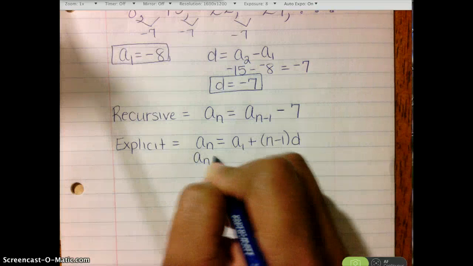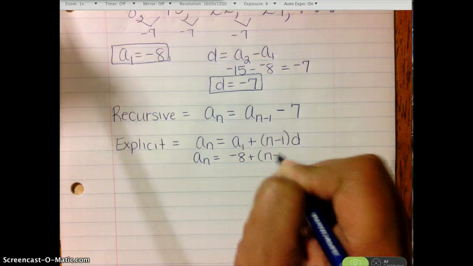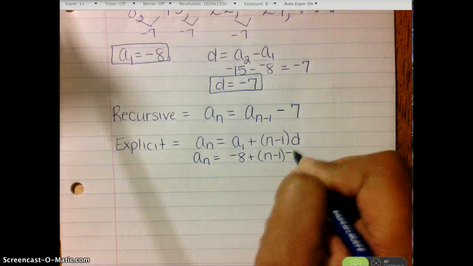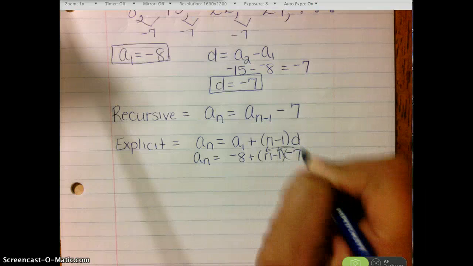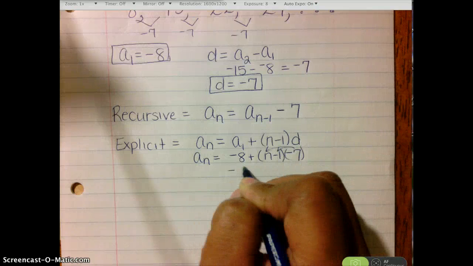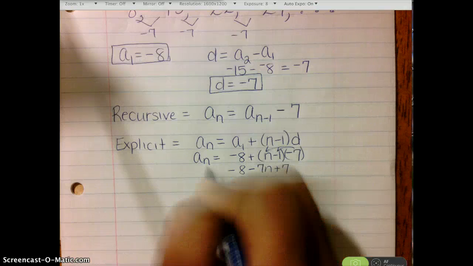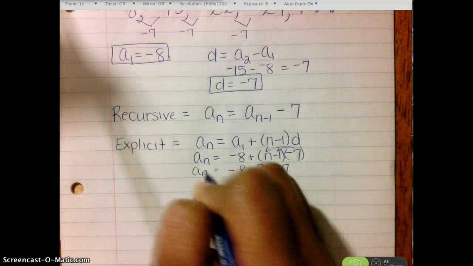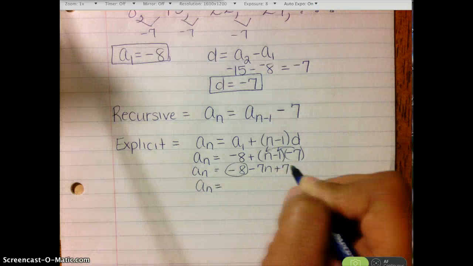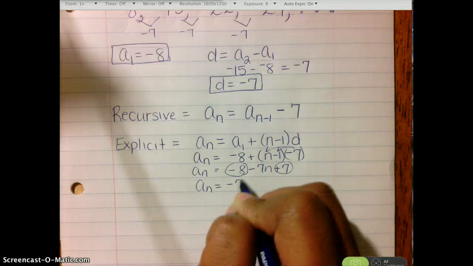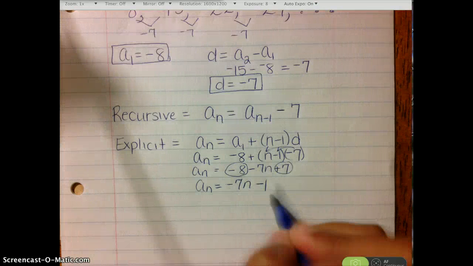So the current term is equal to -8 plus n minus 1 times -7. We're going to use our distributive property. You're going to have -8 minus 7n plus 7. So the current term, combining your like terms, is -7n minus 1. So that's your explicit form.